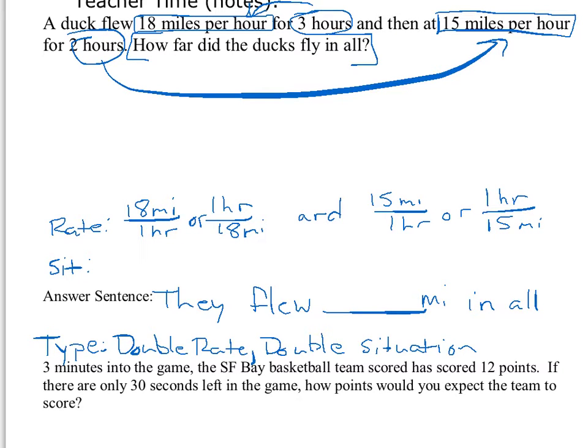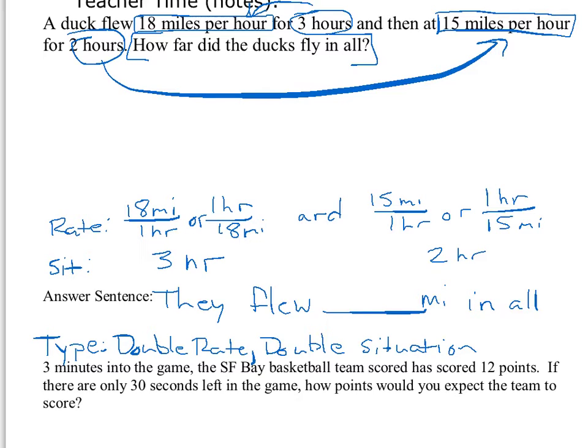So we also had two situations, but the situations were very specific to what they counted for. So this 3 hour situation is for this rate. And the 2 hour situation was for the 15 miles per hour. So basically all they've done here is they've put two rate problems in the same problem.